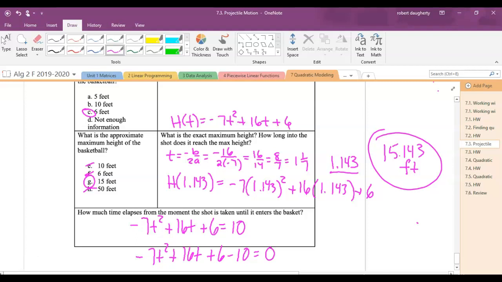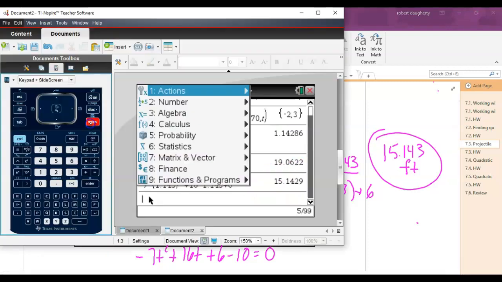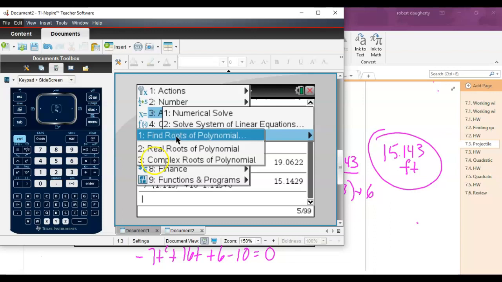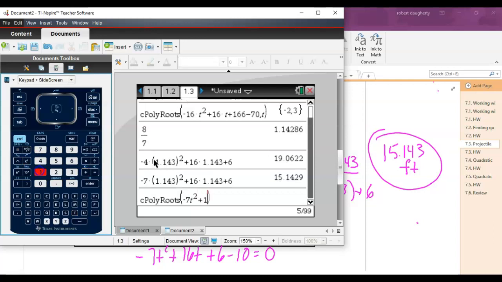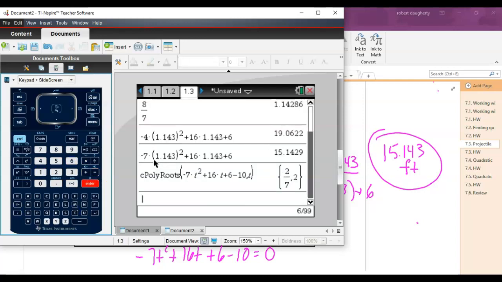So I will put that in my calculator. So menu, algebra, complex roots, -7 t squared plus 16t plus 6 minus 10 comma t is 2/7 and 2.